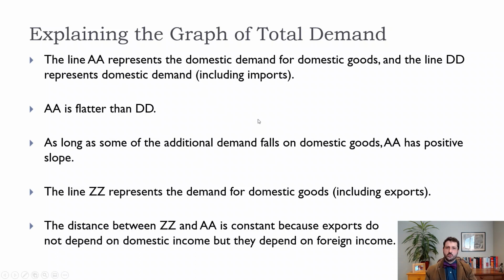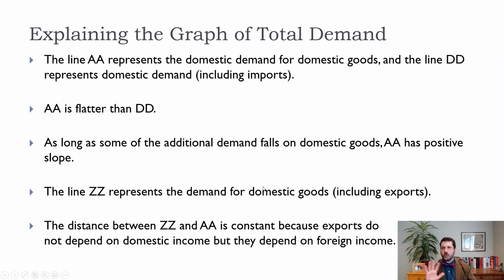So this is really just going through that line, right? So we start with the domestic demand for domestic goods at AA, and the line DD represents domestic demand. So actually we started with DD, we got to AA, then we added in exports to get to ZZ, and that distance is constant just because it depends on foreign income, not domestic income, and domestic income is what is on the horizontal axis.